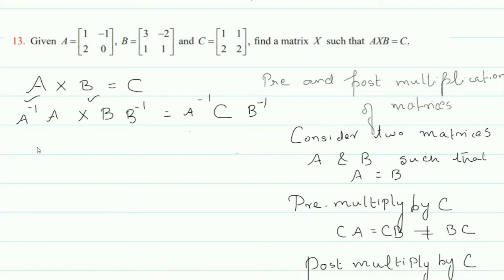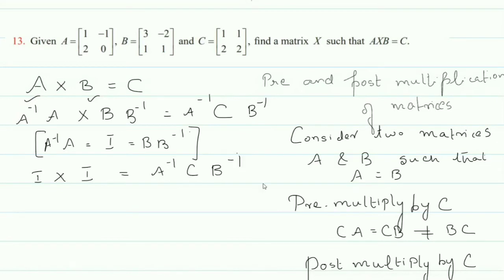So you already know that A inverse into matrix A will give you the identity matrix. Similarly, B into B inverse will give you the identity. So this will now become I into X into I, which is equal to A inverse C into B inverse.